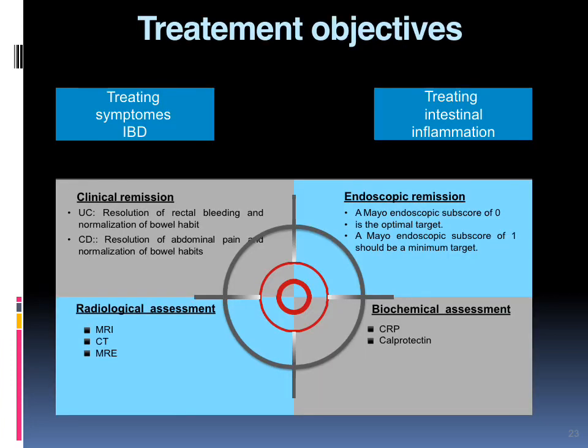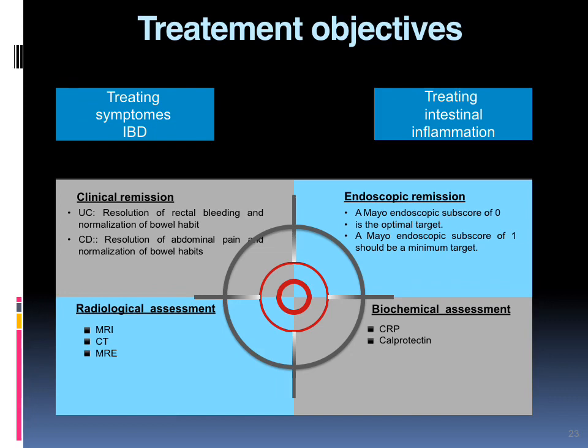We rely on lots of these clinical, endoscopic, biochemical and radiological parameters to give us an idea about disease activity. Clinical remission and endoscopic remission are the primary targets nowadays.